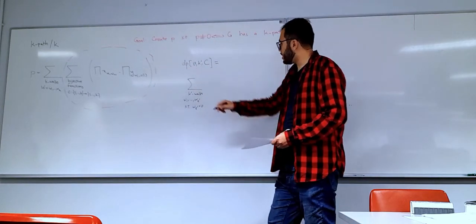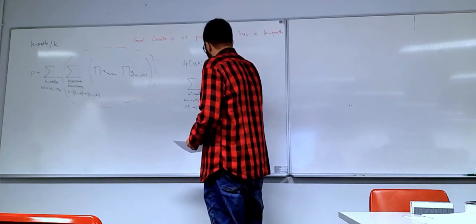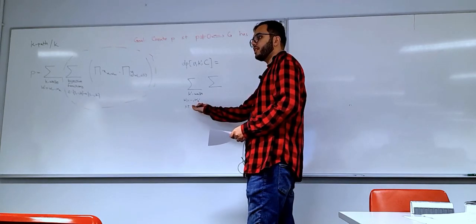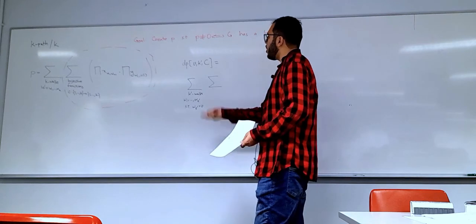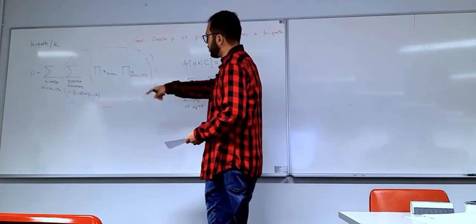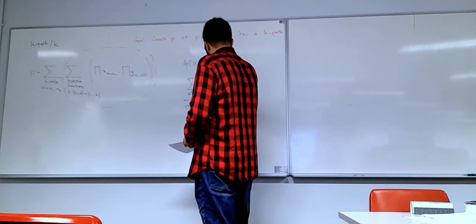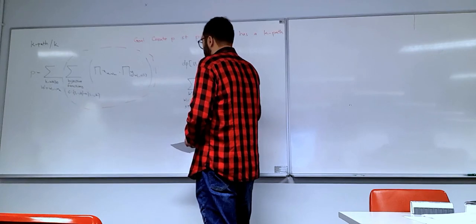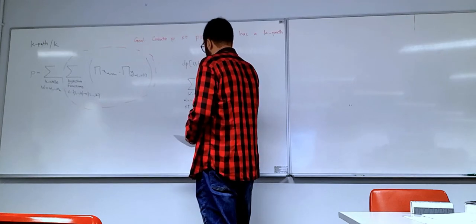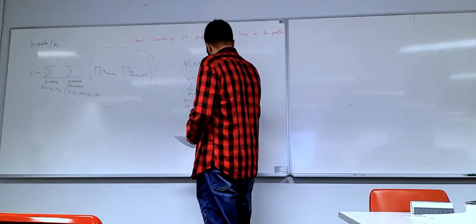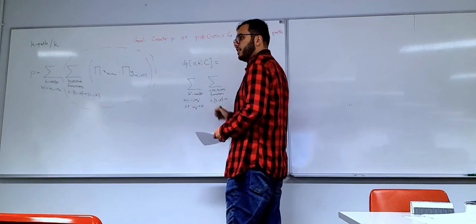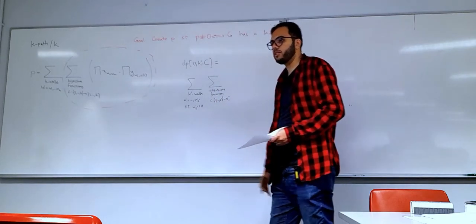Okay, now I do the sum over the bijective functions, but now I have only k prime variables here. And instead of using all the colors, I want to only use the colors that are in this set C. So instead of having bijective functions, I have one-to-one functions. And again, I have the same function C, but now it maps 1 to k prime to, well, this set C. These are all the available colors.